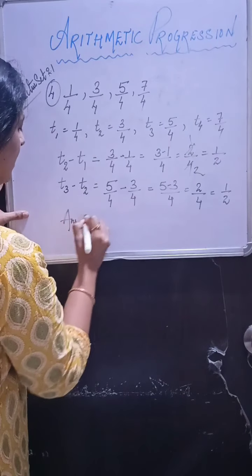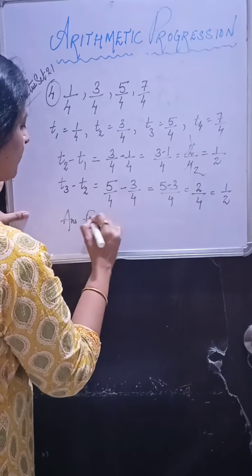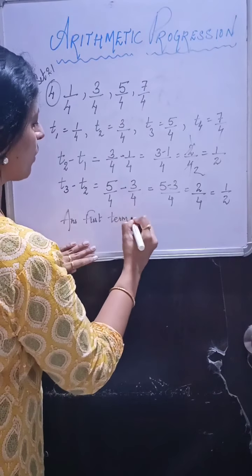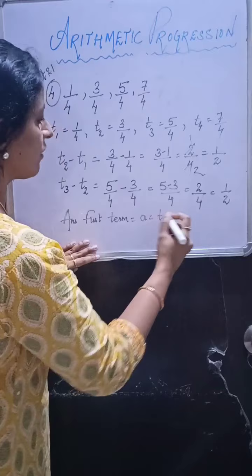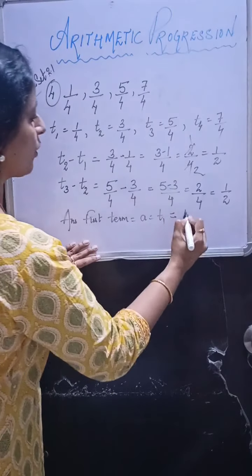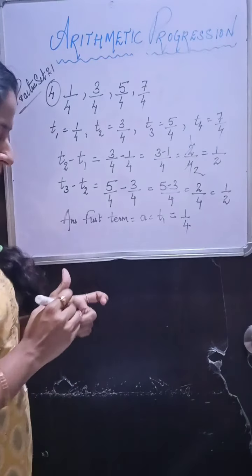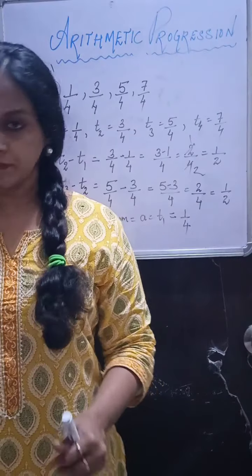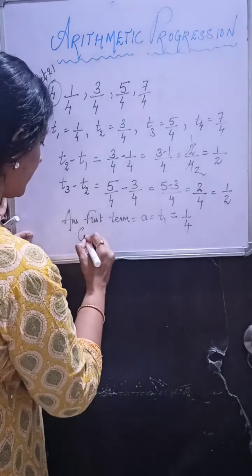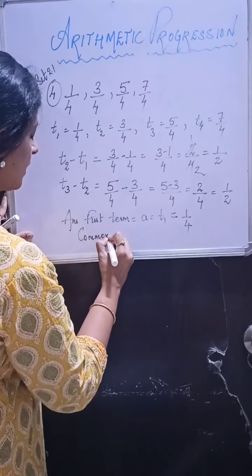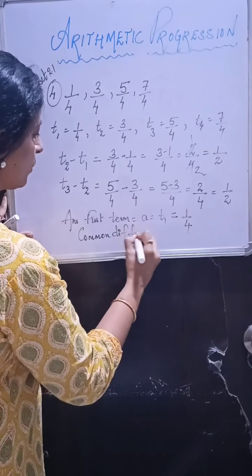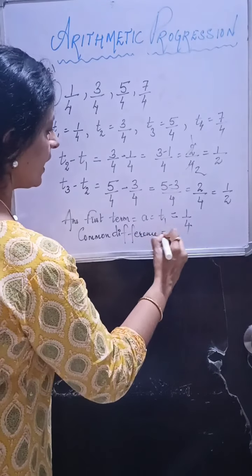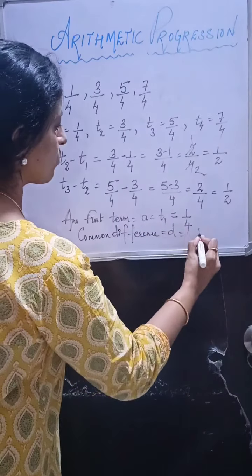Final answer. First term is equal to A, which is equal to T1, which is 1 upon 4, and common difference D is 1 upon 2.